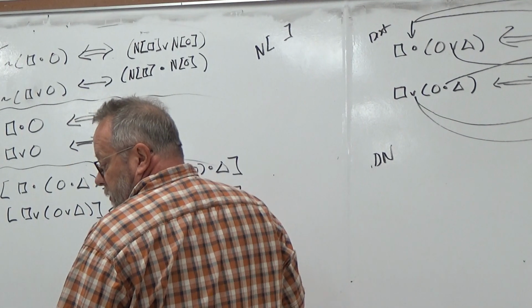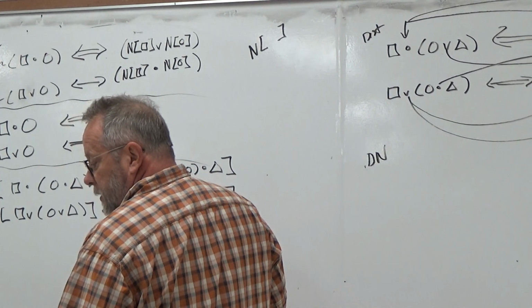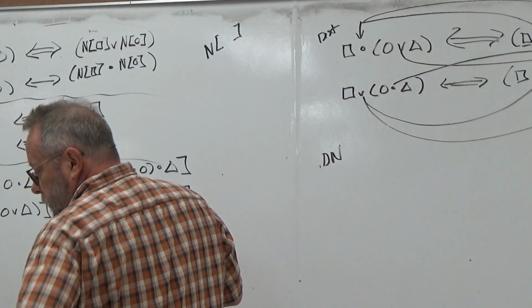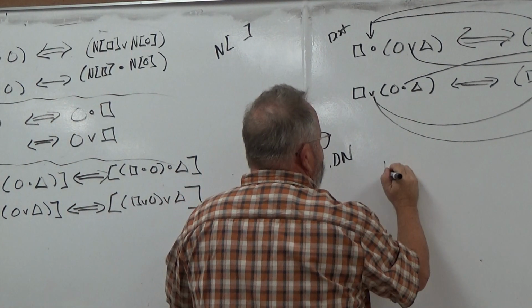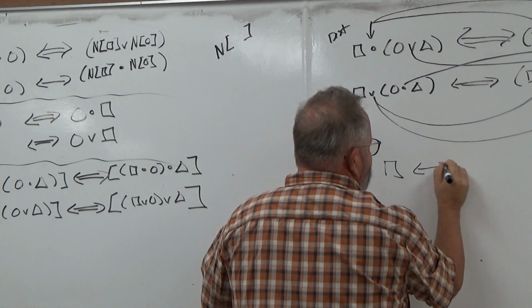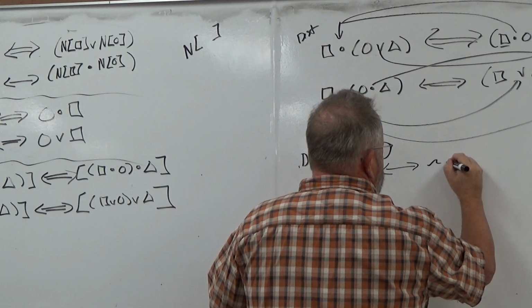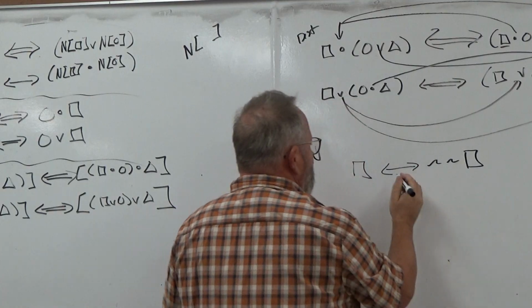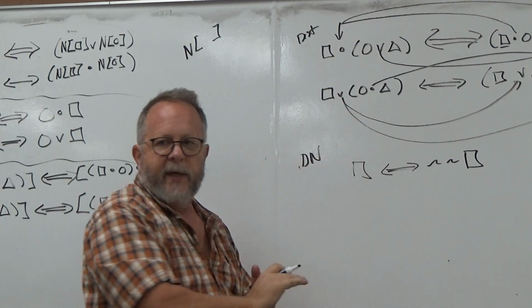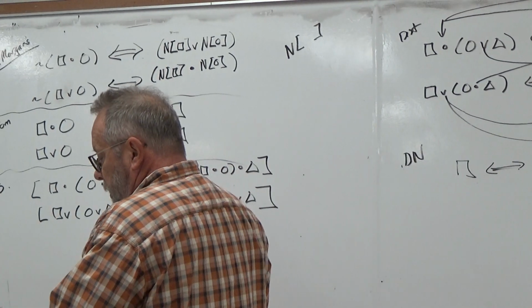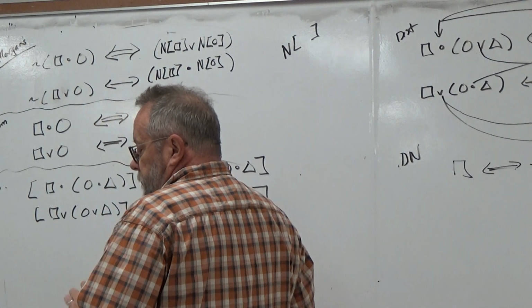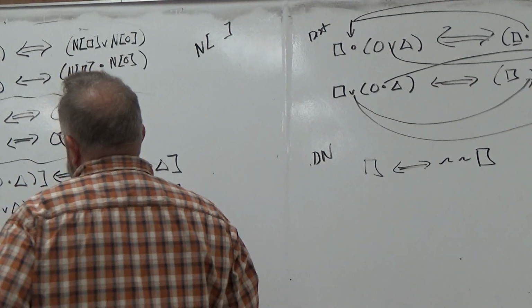Okay, and so double negation, where'd my double negation go? Yeah, so if I have a box, that can be replaced with not not box, or vice versa. It goes both ways. That's double negation, which is for us not very necessary.